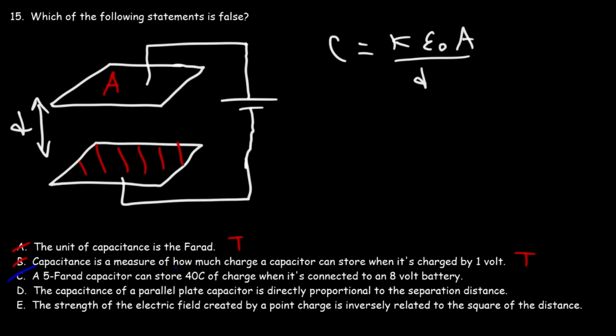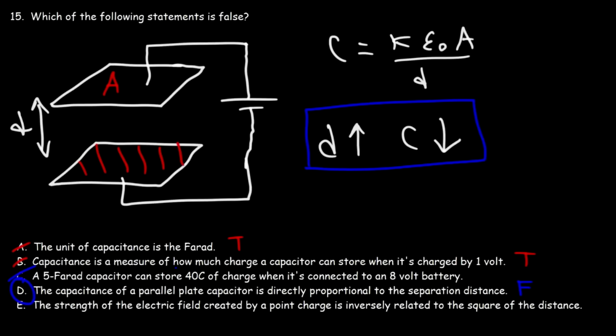That means that it's not proportional to the capacitance, but it's inversely related to it. So if we increase the separation distance, the capacitance decreases. So D is a false statement. Capacitance is not directly proportional to the separation distance. It's inversely proportional to it. So D is the answer we're looking for.